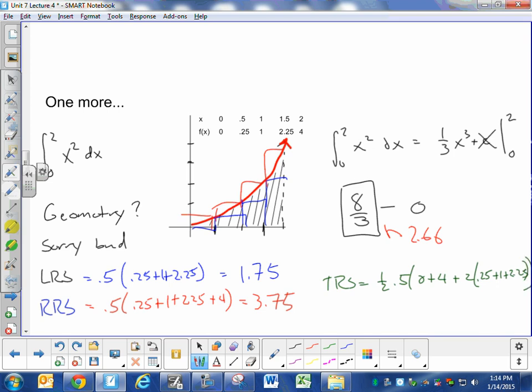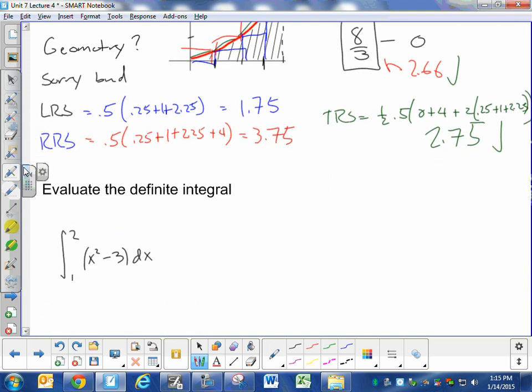See what that gives me. 0.5 times 0.5 times 4 plus 2 times 0.25 plus 1 plus 2.25. 2.75. Yeah, that looks good. The trapezoidal sum is just a little bit over since this graph is concave up. So, check. All right? We did it.